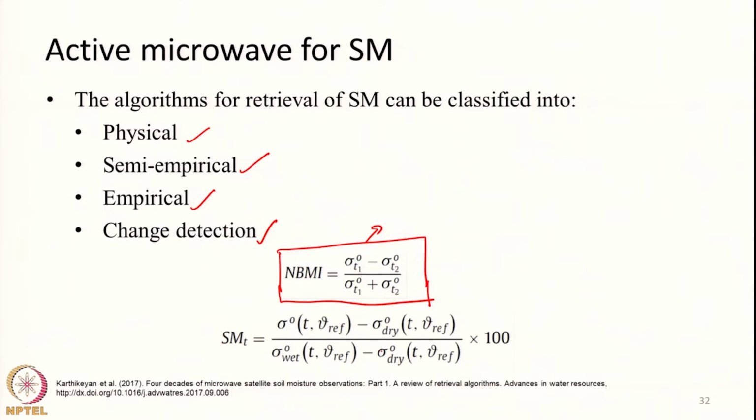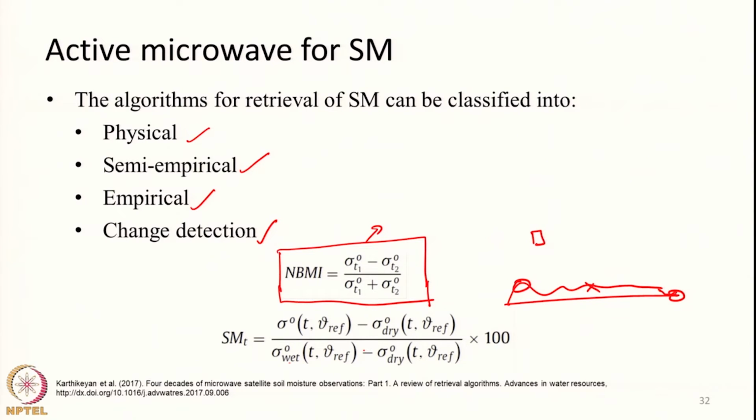This equation is developed based on having reference dry and wet backscattering coefficient values for one particular pixel. You need a large time series of data, say data that looks like this. Within the time series, say this is the minimum and this is the maximum, and if this is the in-between backscattering coefficient value, how does this change? So, this is a kind of relative measure.